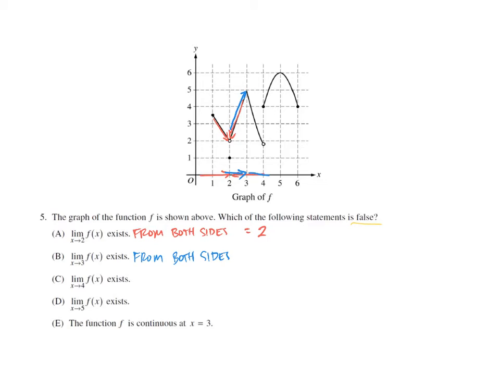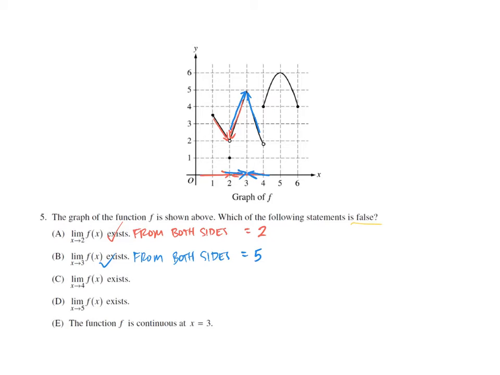From the right side, following that function, it looks like it's approaching 5 from both sides, and there's not even a hole there, nothing. So I guess we just have to say, yeah, it exists. So neither of those are our answer because we're looking for the one that's false.